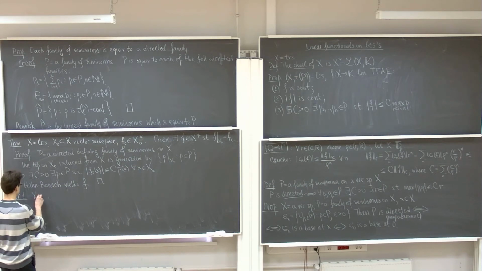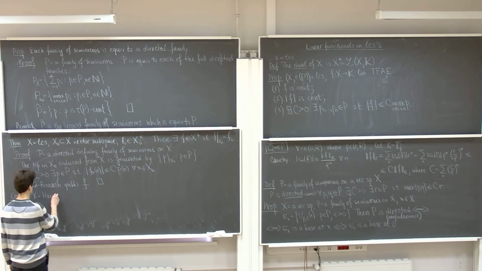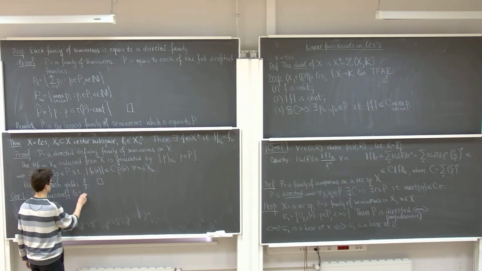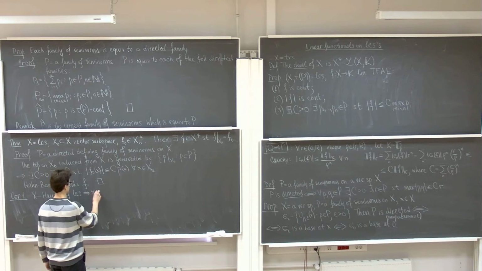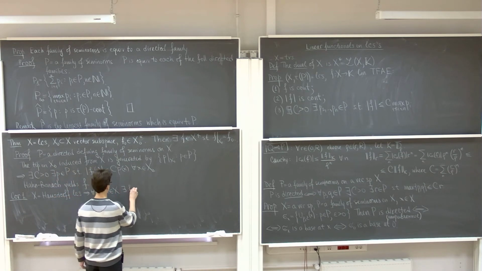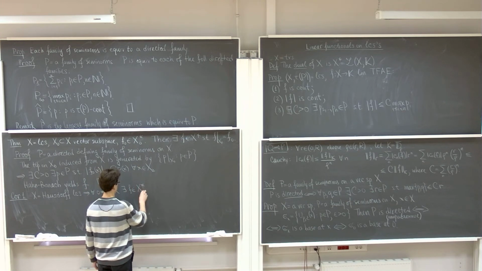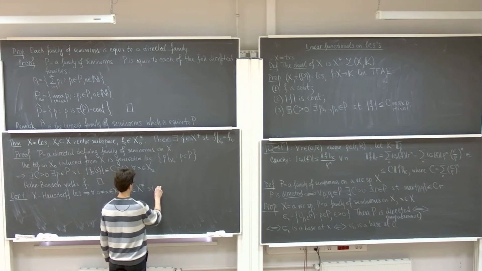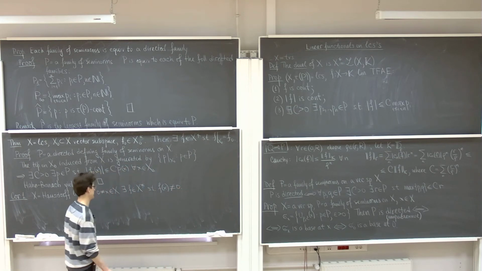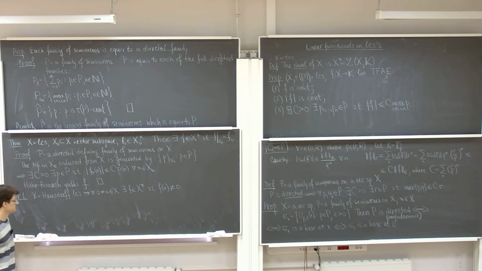More exactly, if X is a Hausdorff locally convex space, then for each non-zero element x in our space, there exists a continuous linear functional such that this functional doesn't vanish at x. Equivalently, continuous linear functionals separate the points of X.